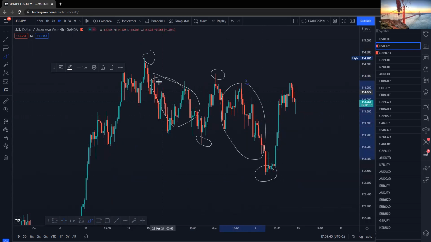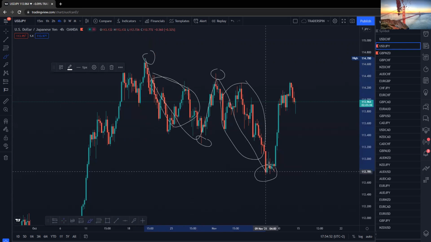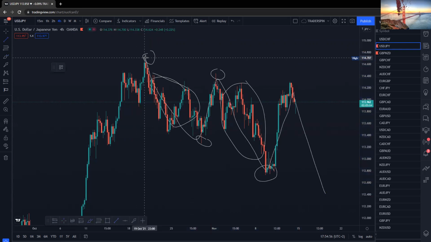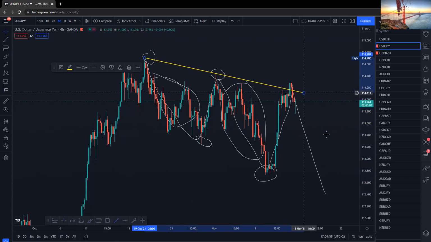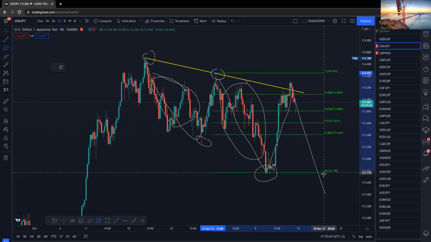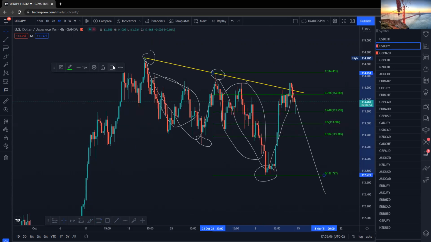But you have to train your eyes to actually identify something like this, right? Okay, and then you come here, right? And then obviously your fibs are going to actually correspond, right?